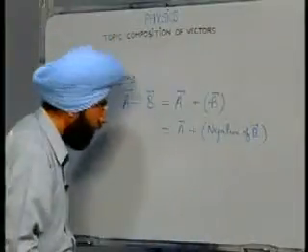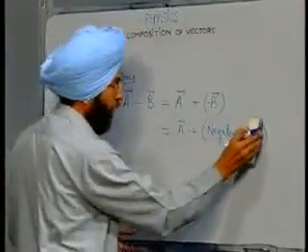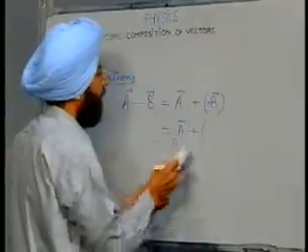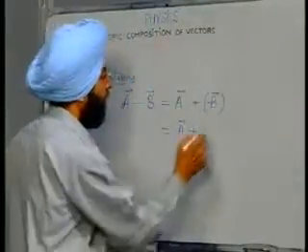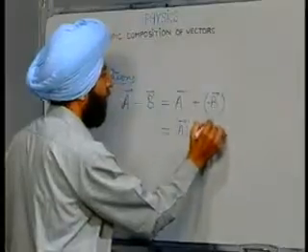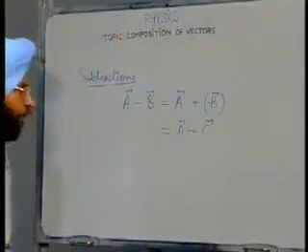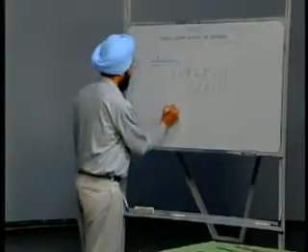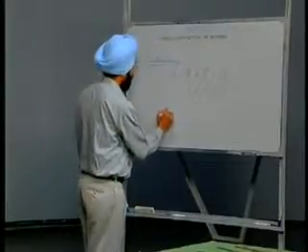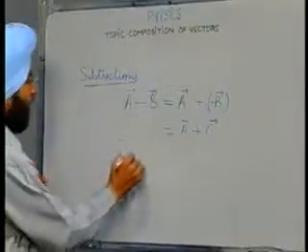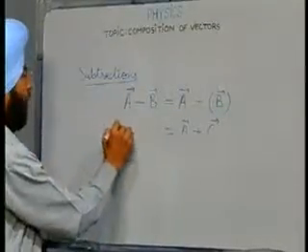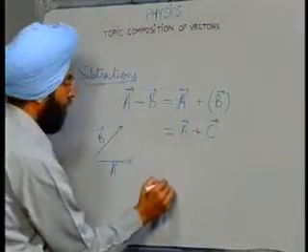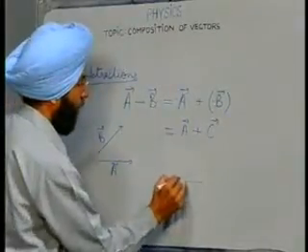Or we can rename it, we can say negative of B is another vector C. So this will become a simple addition of two vectors. Say this is A vector, this is B vector, and we are to add them.